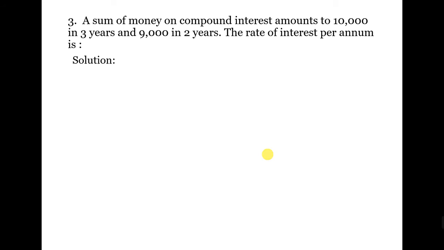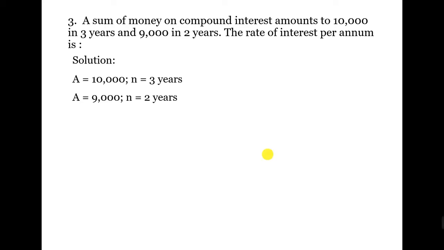For example number 3, a sum of money on compound interest amounts to 10,000 in 3 years and 9,000 in 2 years. The rate of interest per annum is... so in this problem, we're looking for the value of the rate of interest considering the two amounts accumulated, and these are 10,000 for 3 years and 9,000 for 2 years.